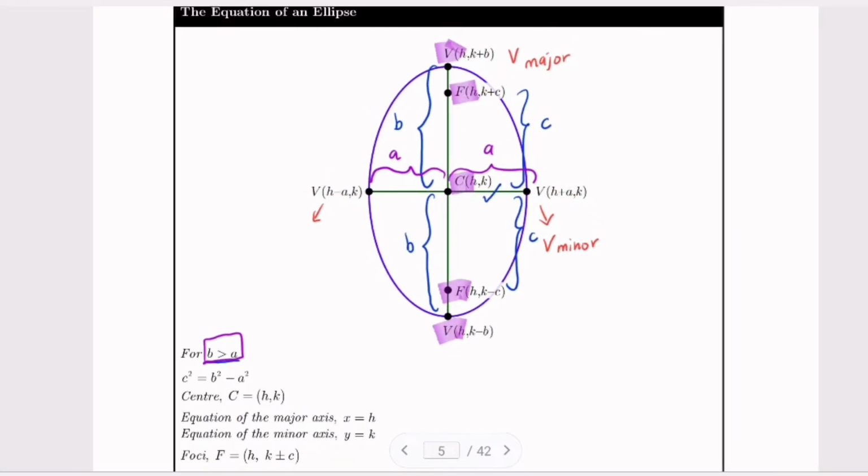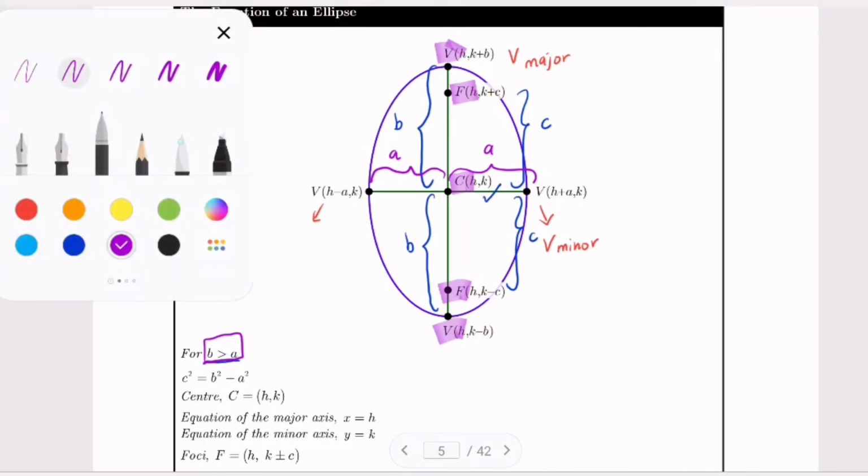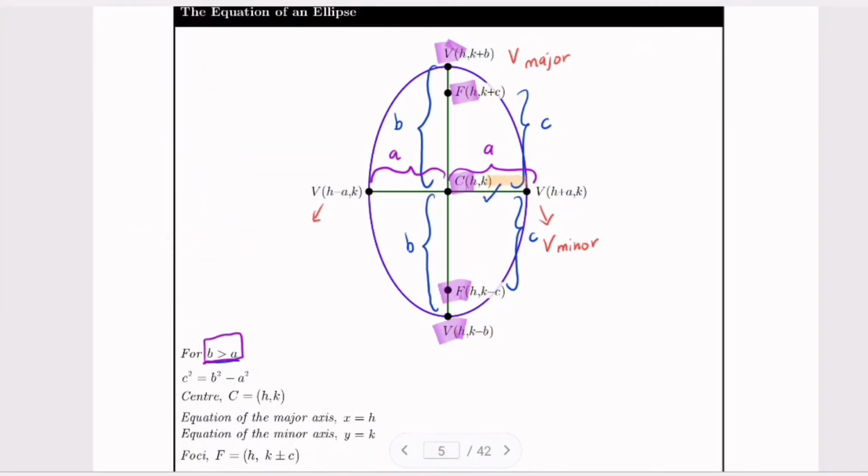So from center to foci, it's going to be K plus C. From center to vertex is going to be K plus B. And then we're going to repeat the same process, but we're going to deduct it. So it's going to be K minus C over here and K minus B over here.